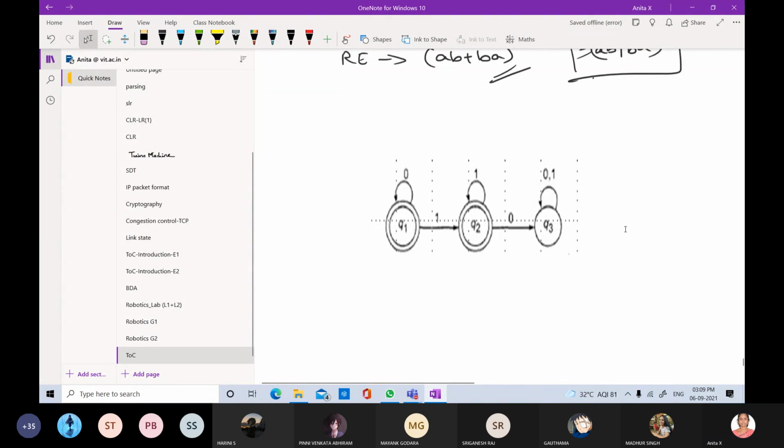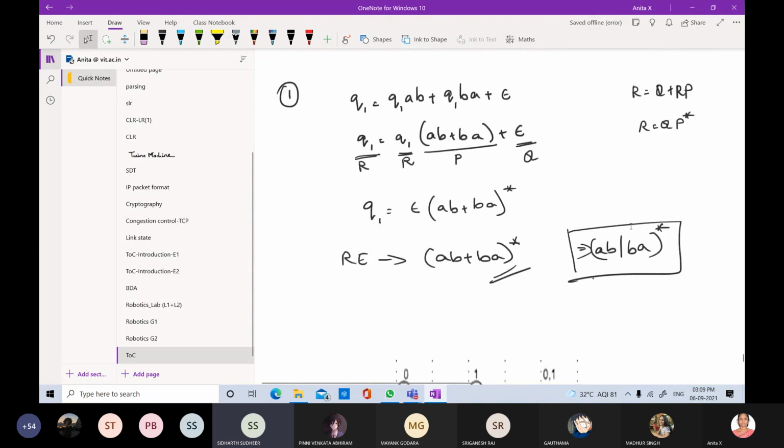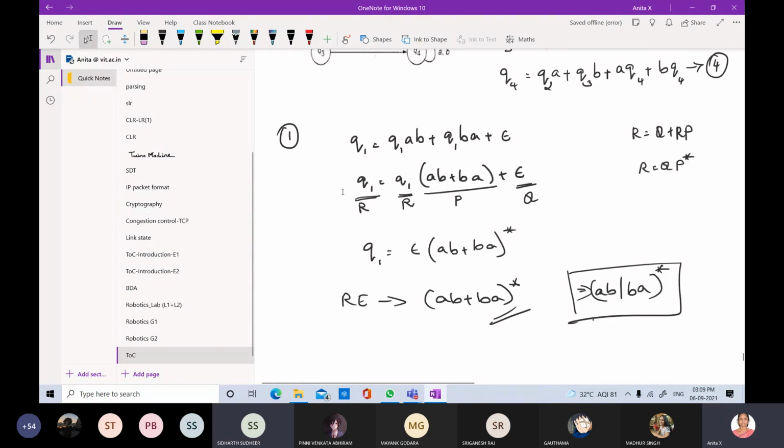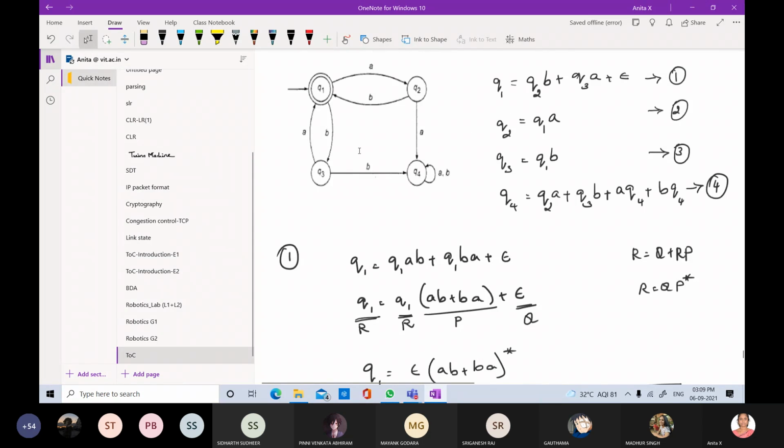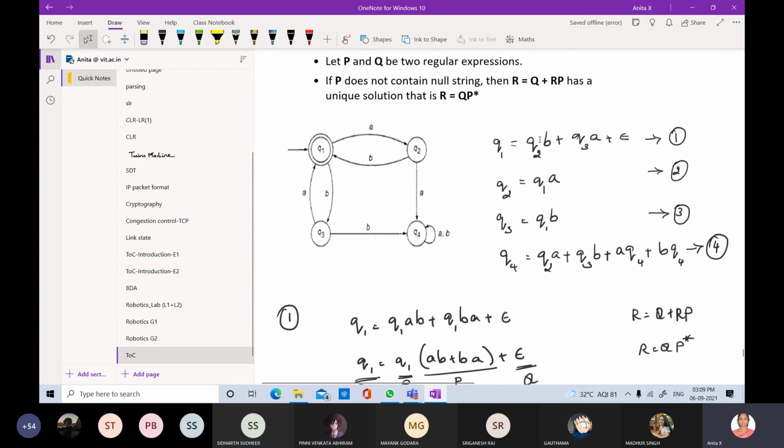Yes, ma'am. Could you explain the previous step? How did you get the second Q1 equation? This one, the one above that. Yes, ma'am. Here I am having this equation, right? I am rewriting this equation with the help of equation number 2 and 3. So instead of Q2, I am having Q1.